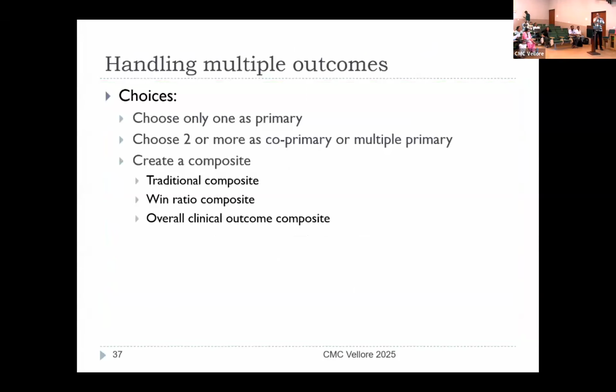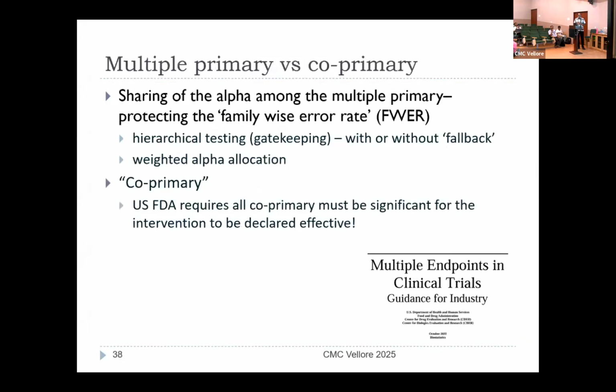So multiple outcomes. As I said, you have these options that you can do. This is such a big issue that the U.S. Food and Drug Administration, the FDA, came out with guidelines for industry. Okay, guidelines for industry mean exactly that. They're not guidelines for all trials. They're guidelines for regulatory trials, usually on drugs or devices that are going to come under their review.